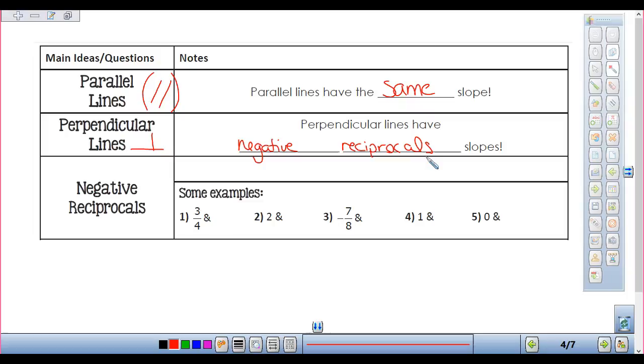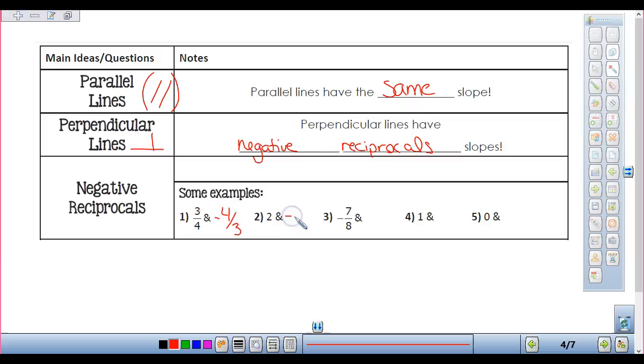Okay, what's a reciprocal of a fraction? You flip it, yep. And then negative means if it's negative, you make it positive. If it's positive, you make it negative. Alright, so what would be my negative reciprocal of 3/4? Negative 4/3. How about a 2?